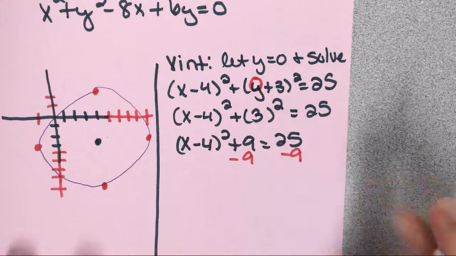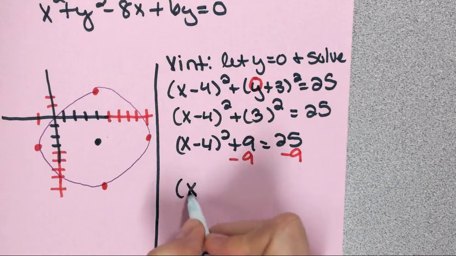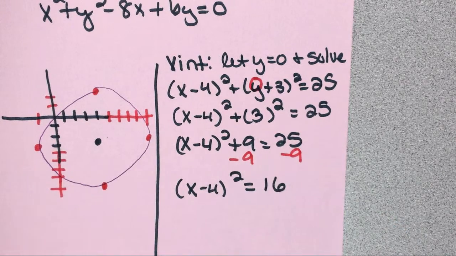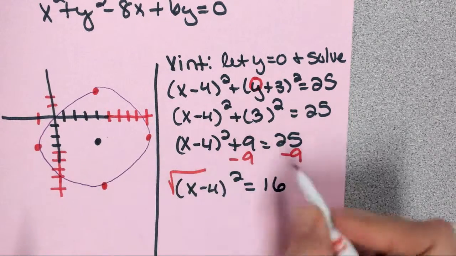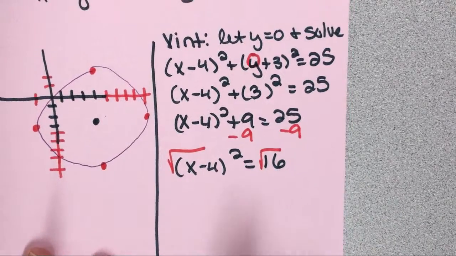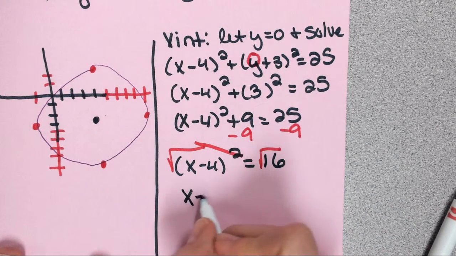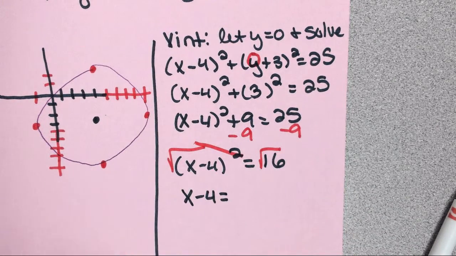Minus 9. (x minus 4) squared equals 16. You're solving for x, but it's trapped under the square. So what do we do? Square root both sides. A square root and a square will cancel, and I have x minus 4 equals, what is the square root of 16?